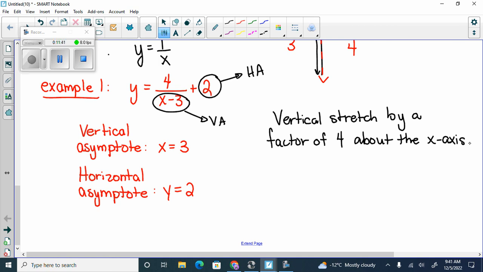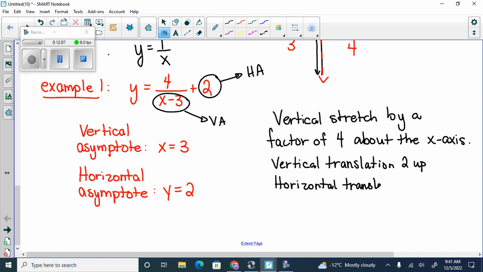We have no horizontal stretch, we have no reflections, and we have a vertical translation 2 up and a horizontal translation 3 to the right. The mapping and words are the same, so (x, y) becomes (x plus 3, to move it 3 to the right, and then 4y plus 2).